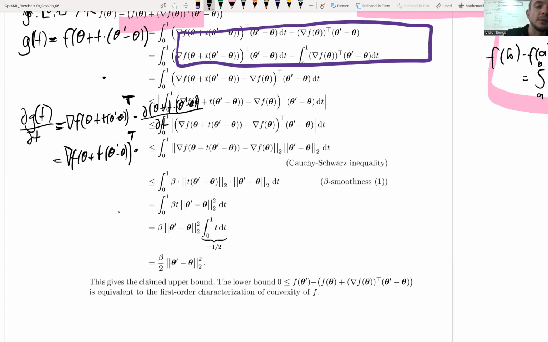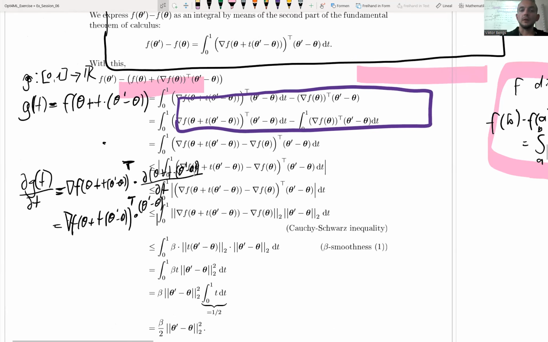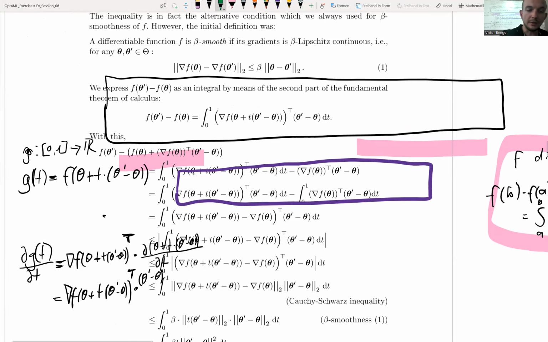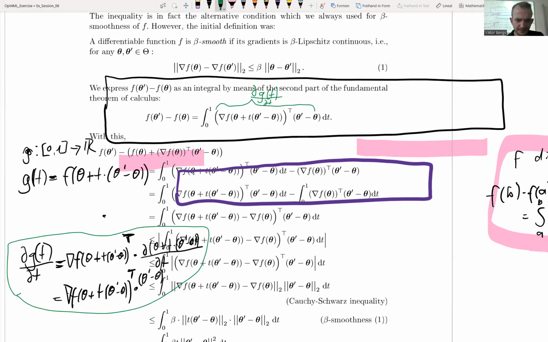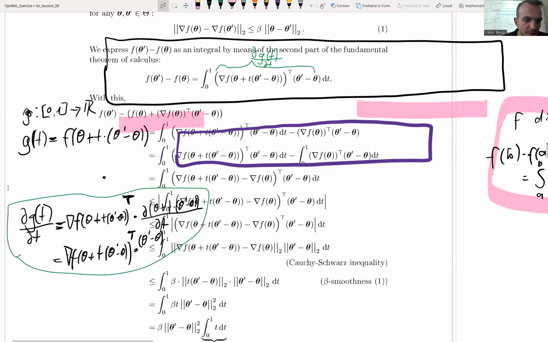And we get here multiplied with theta prime minus theta. It's a linear function with respect to t, so only the slope remains, more or less. If you look at this, this is our function g of t, or rather its partial derivative. This is what we see here.